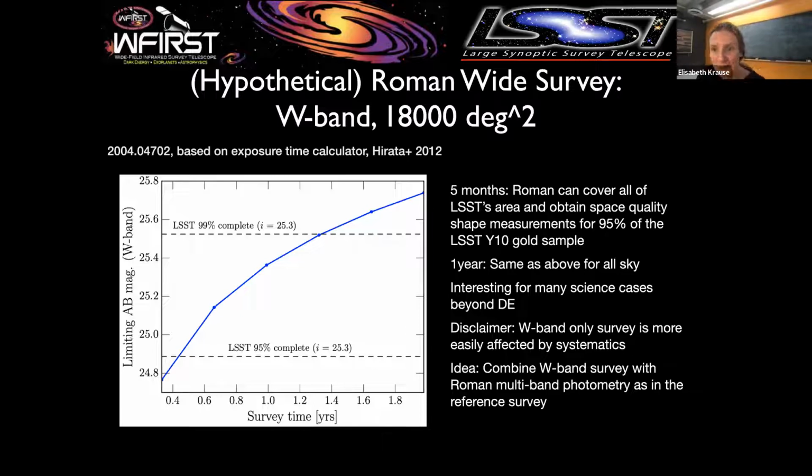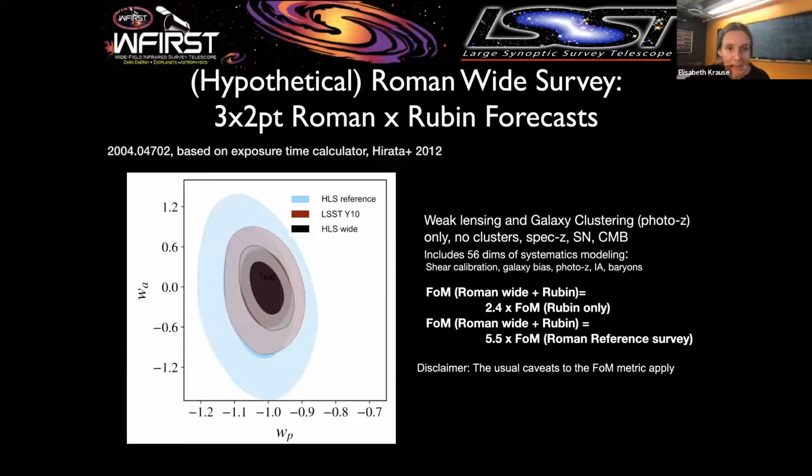with the Rubin survey, providing photo-zs for the entire sample, and compare that to the reference survey. In blue here, we show the constraints on the dark energy equation of state from the high latitude reference survey as currently defined. The red contours show the standard LSST year 10 constraints from clustering and weak lensing.